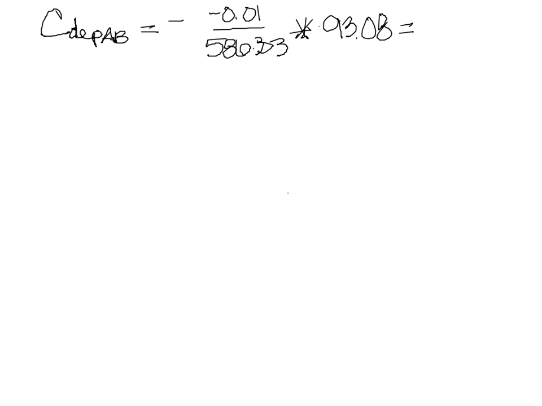So the value of the correction for the departure of A to B is 0.002.